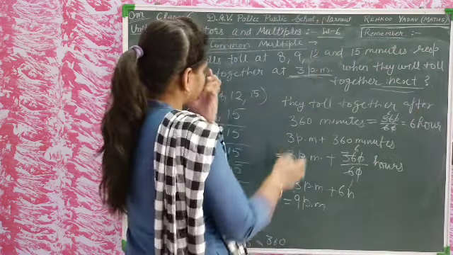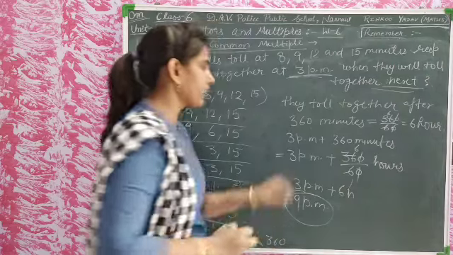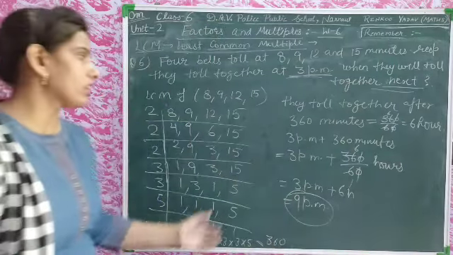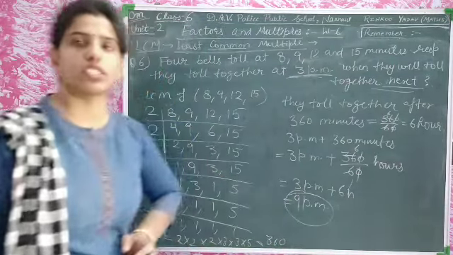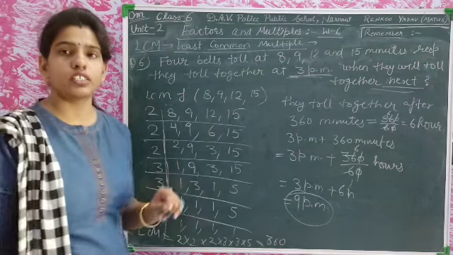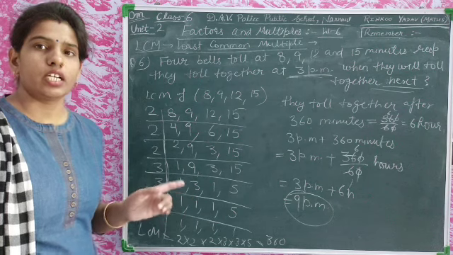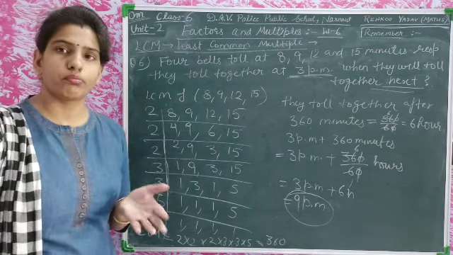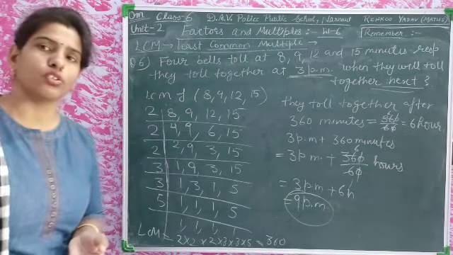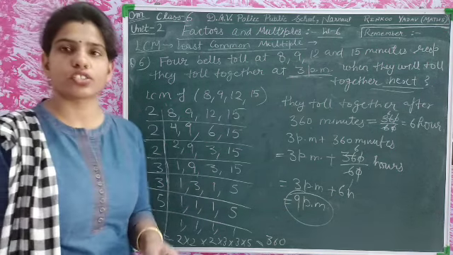After 6 hours, what will be the time? 9. We directly write it. You can easily understand this question. I hope you will understand this question, and review this video and try to understand this question again.